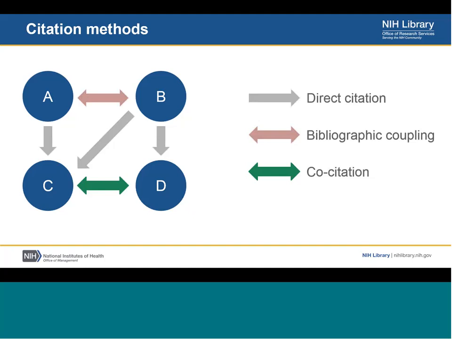From a practical standpoint, though, there are also very large distinctions between the two in terms of how many papers you can actually get in a resulting network. With co-citation, links are dependent on whether or not papers have actually been cited. So in order for a paper to be included in a co-citation network, it has to have been cited at least once.